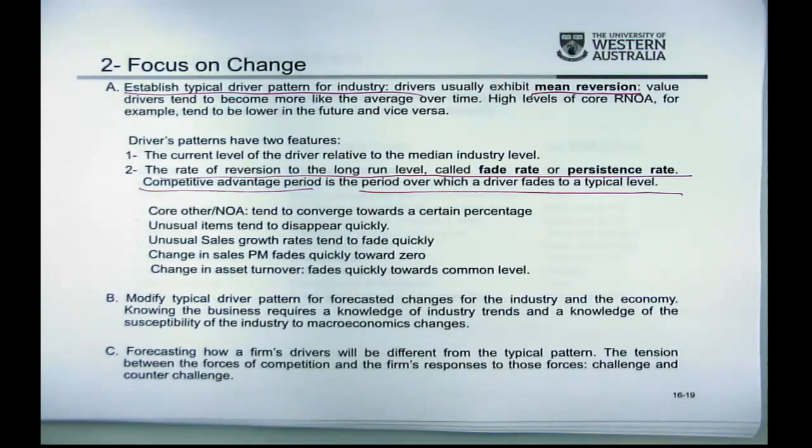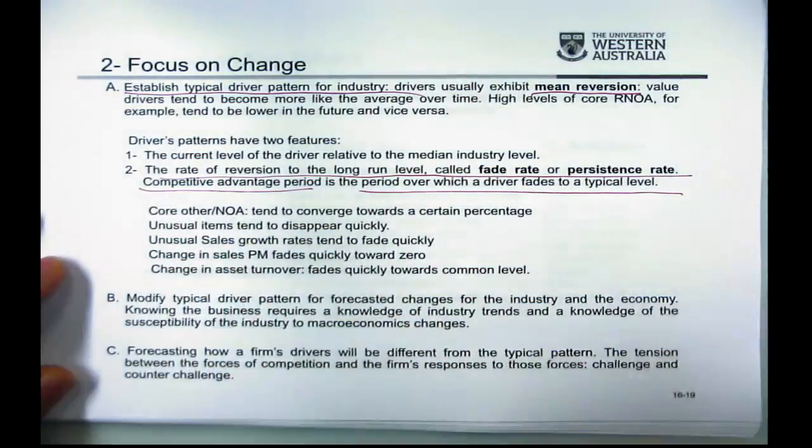You should always try to smooth it out or forecast the period over which the driver or the unusual growth fades away, okay? This is the case if there is a temporary deviation.